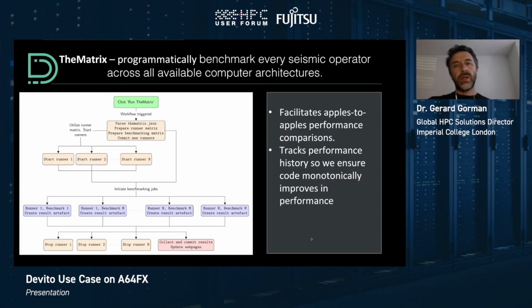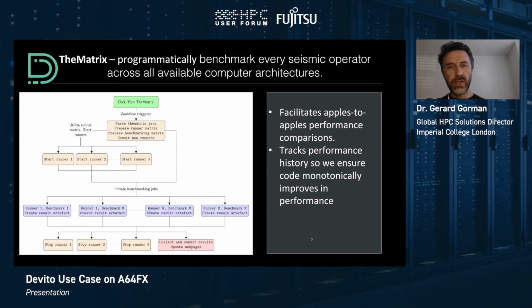Something else that we recently released: now that everything has become programmatic and it has become much easier to implement all of these operators, we are building out a matrix of benchmarks of every seismic operator across all computer architectures.